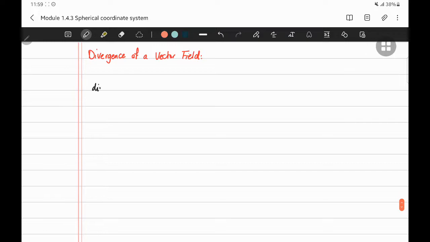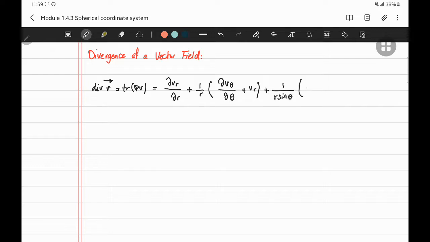So the divergence of v is the trace of del v, which is equal to the partial derivative of v_r with respect to r plus 1 divided by r times the partial derivative of v_theta with respect to theta plus v_r, plus 1 divided by r sine theta times the partial derivative of v_phi with respect to phi plus v_r sine theta plus v_theta cosine theta.